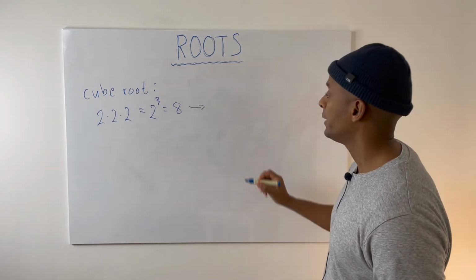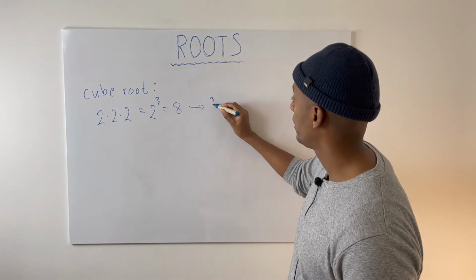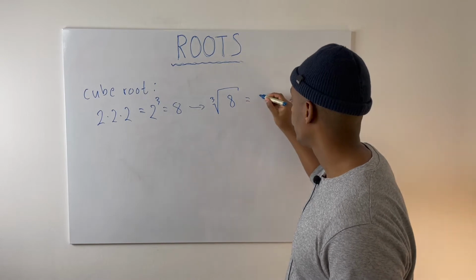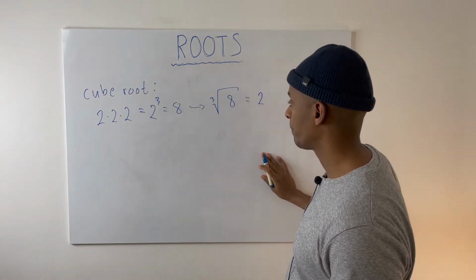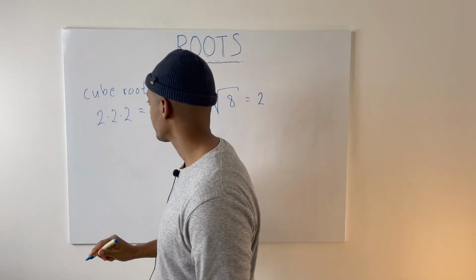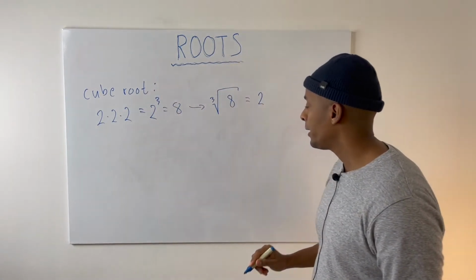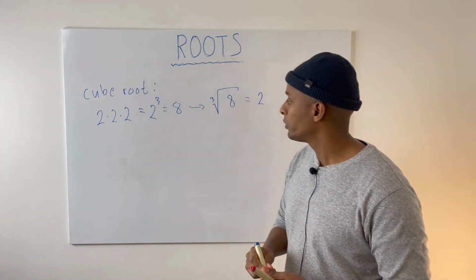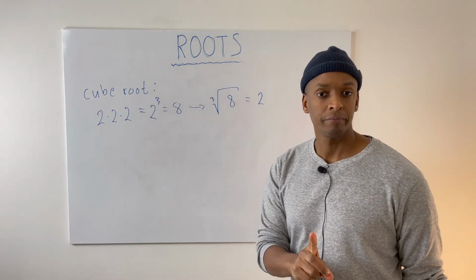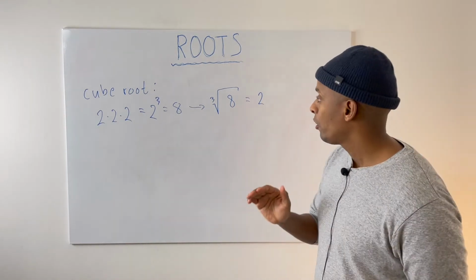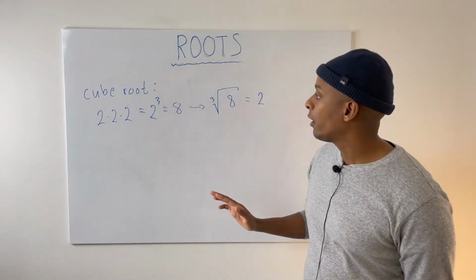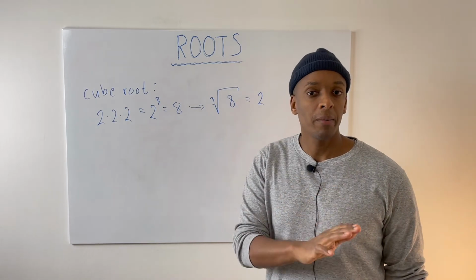That will give that the cube root of 8 is 2. And the funny thing here is when we do cube roots, every number only has one root. When we did square roots, we had a negative root and a positive root. Now, when we're doing cube roots, every number has only one root.